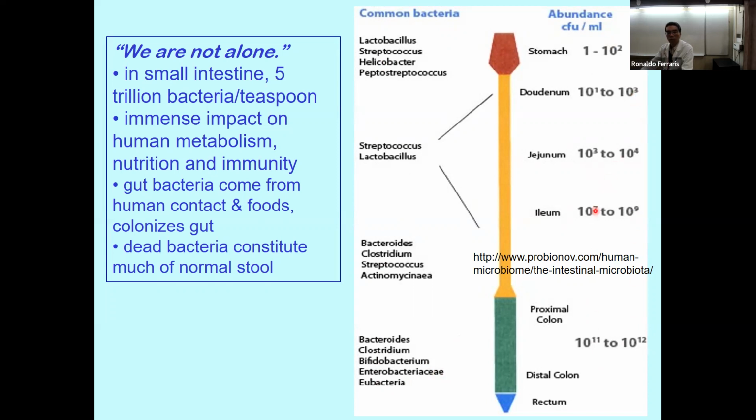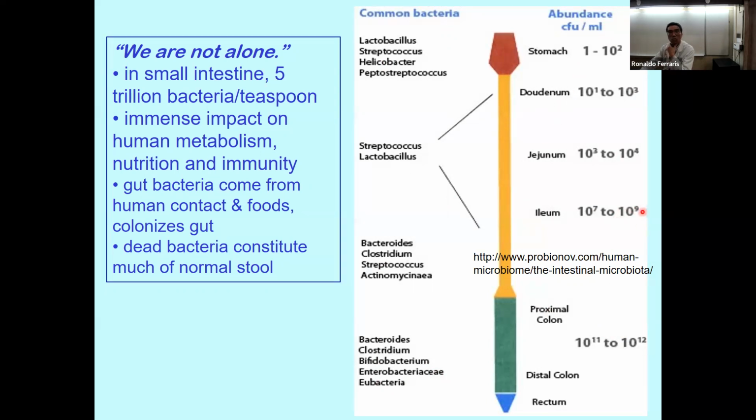So in the small intestine or in the large intestine, mostly, and sometimes in the ileum, depending on the bacterial flora that we have, this is per ml, okay? So it's not the entire lumen. We're talking about per ml here.